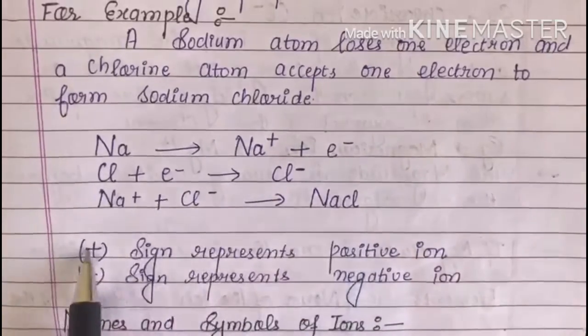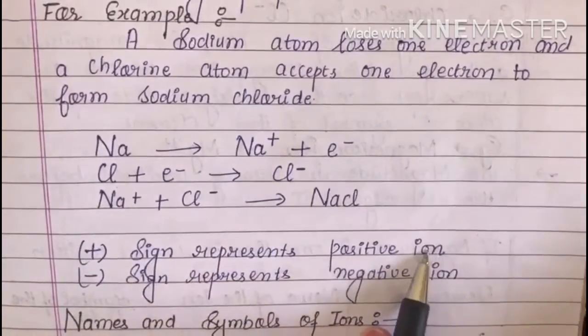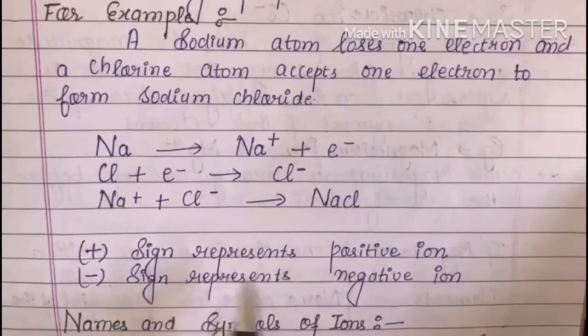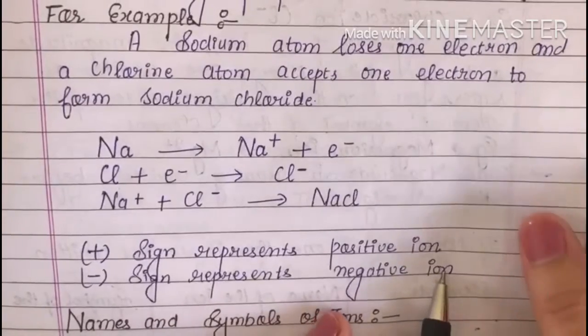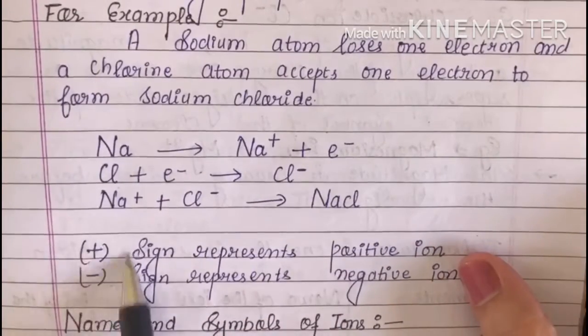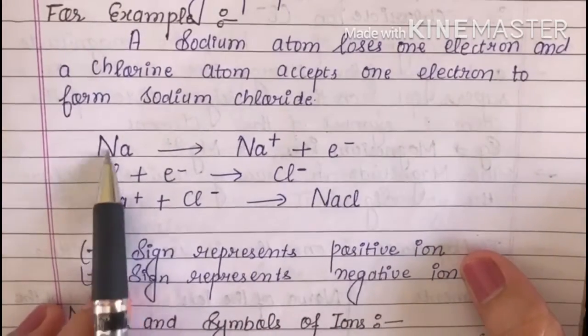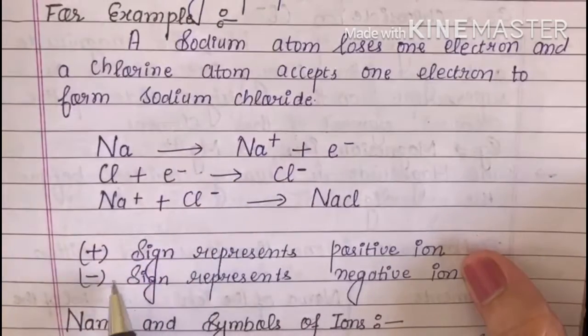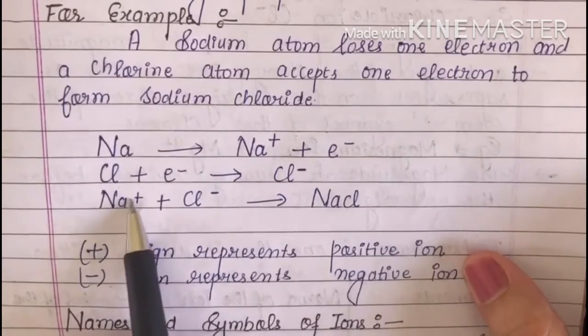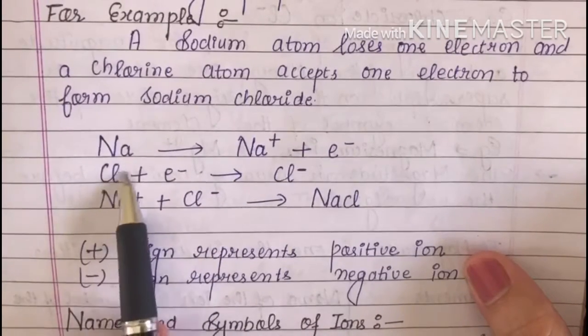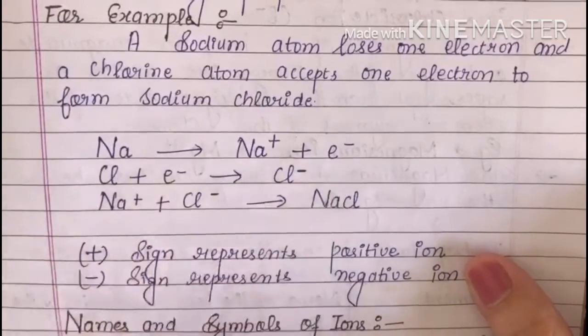Here the positive sign represents the positive ion and the negative sign represents the negative ion. A positive ion is formed when the atom loses one electron and a negative ion is formed when the atom gains one electron.